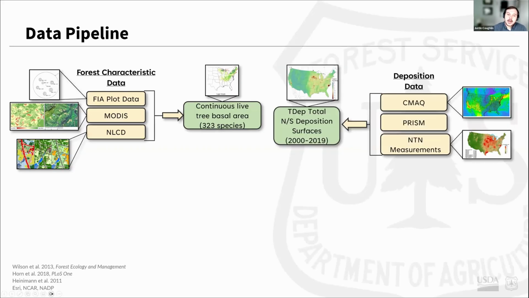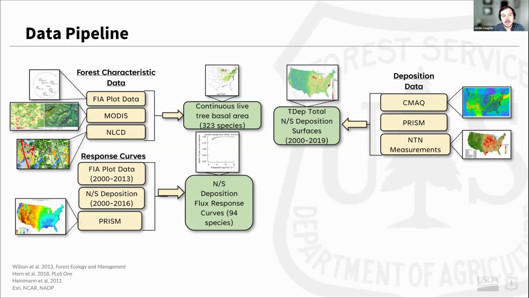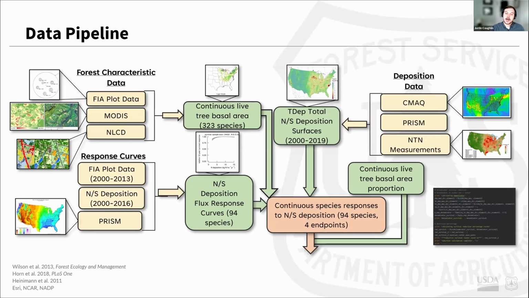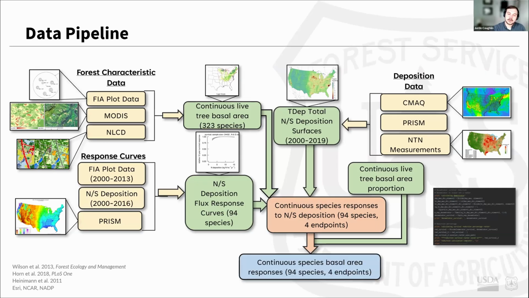There's also an annual deposition data product that comes out of US EPA for both nitrogen and sulfur deposition, and we pulled in all 20 years of that data into this analysis. We also pulled in those response curves from the Horn et al. publication. What we ended up with were both plot level data as well as continuous 250 meter pixel size raster data sets of individual tree species responses, and then also moved it into the basal area framework.